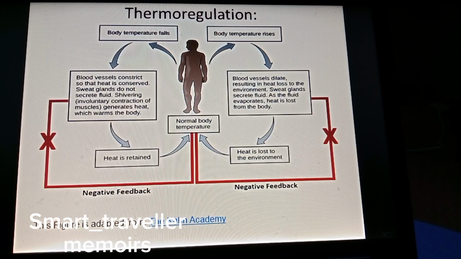Shivering, involuntary contraction of muscles, generates heat, which warms the body. Blood vessels dilate, resulting in heat loss to the environment. Sweat glands secrete fluid. As the fluid evaporates, heat is lost from the body. Normal body temperature: heat is lost to the environment, heat is retained. These are examples of negative feedback.